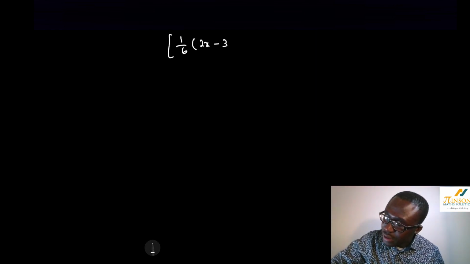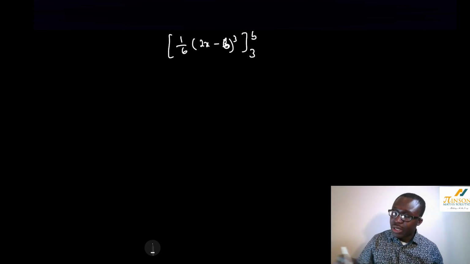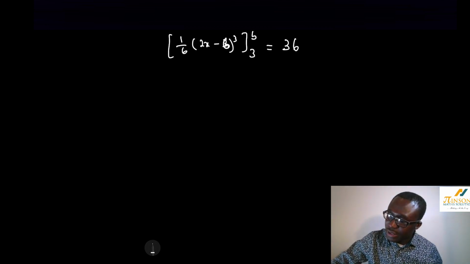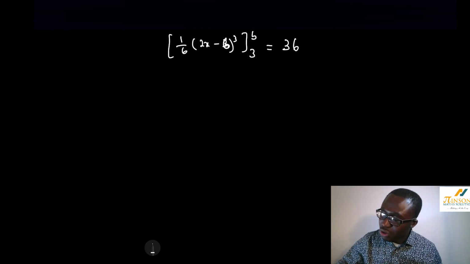So what we had was the parenthesis 1/6 (2x minus 6) to the power 3, and we sub in 3 and b, and then we expect to get 36. That was the question. So we sub in our b first, then our 3.